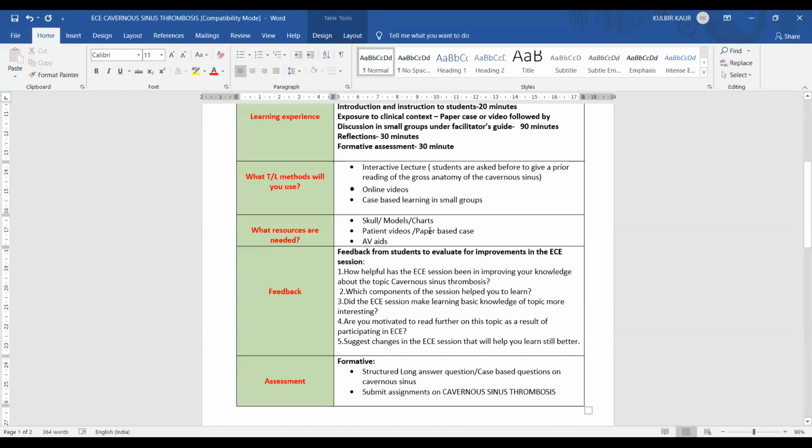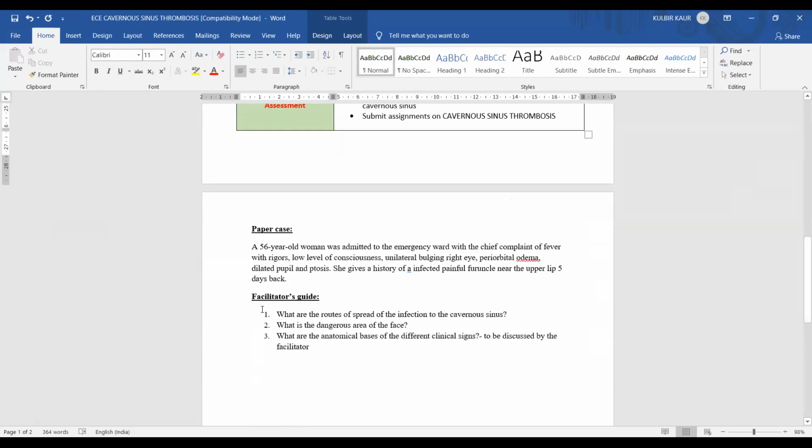In this paper-based case, the case scenario that we can take is of a 56-year-old woman who was admitted to the emergency ward with the chief complaint of fever with rigors, low level of consciousness, unilateral bulging of the right eye, periorbital edema, dilated pupil, and ptosis.